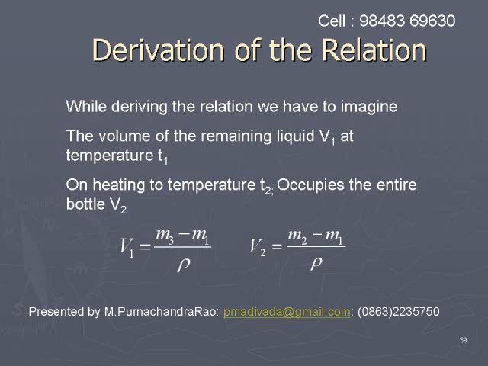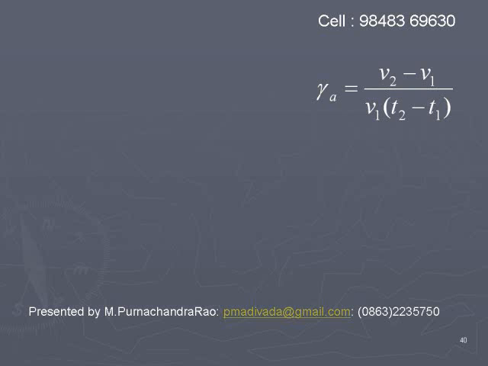The relation for cubical expansion or apparent expansion of a liquid is gamma A is equal to V2 minus V1 by V1 into T2 minus T1.